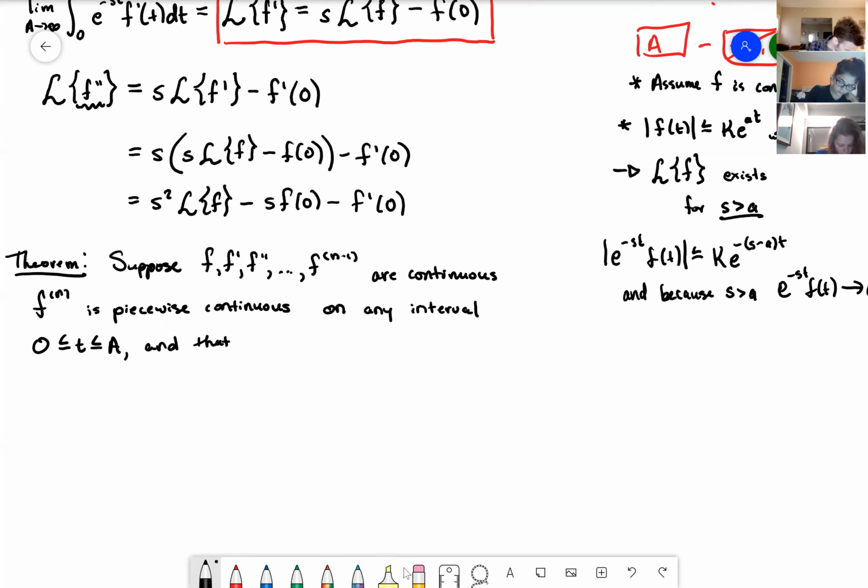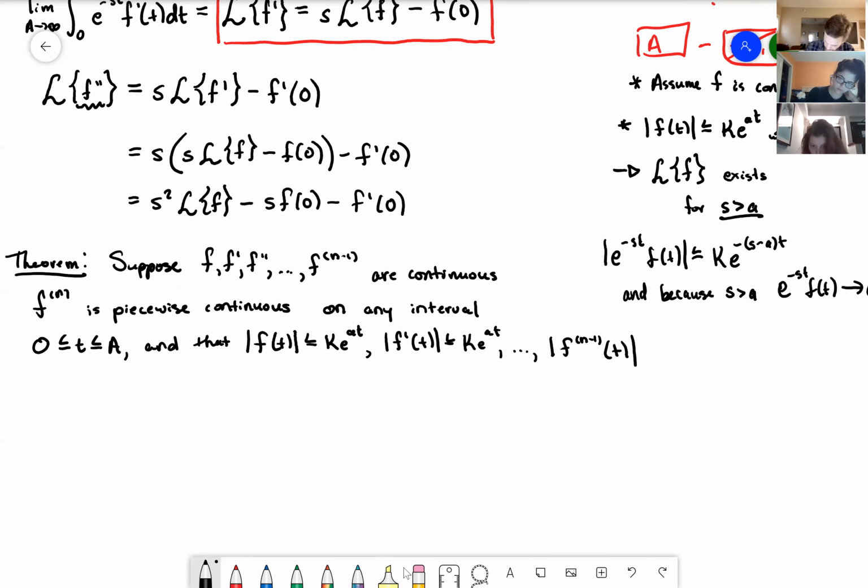And that the function is bounded by an exponential. It's of exponential order. The derivative is of exponential order, all the way up to the n minus 1 derivative.